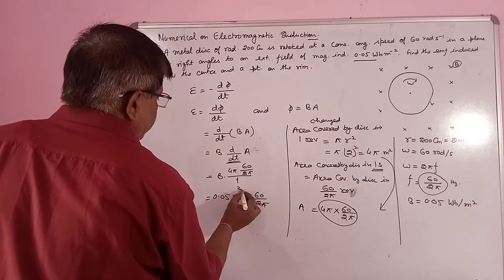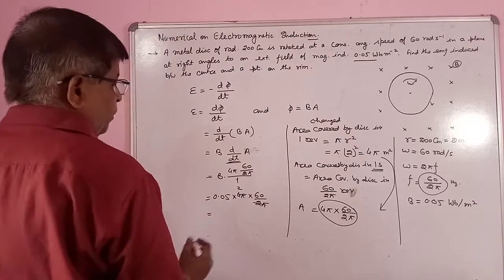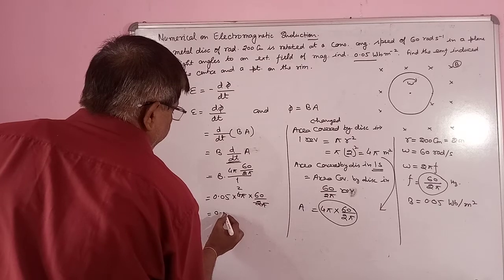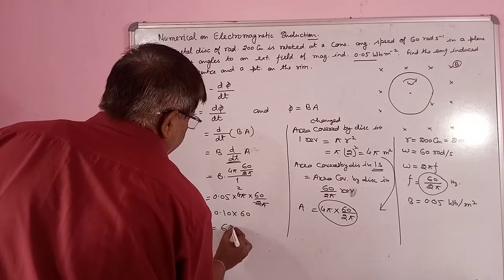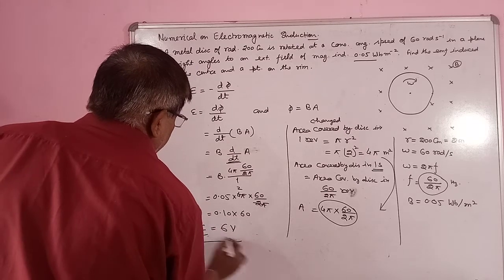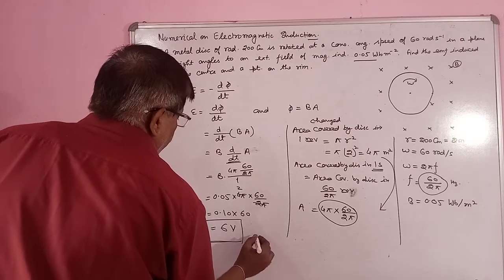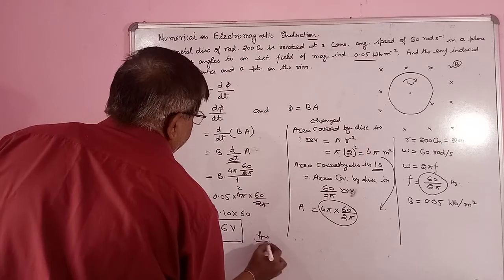The 2 pi cancels and this becomes 2, so 0.10 into 60, that is 6 volt. This is the final answer we get.